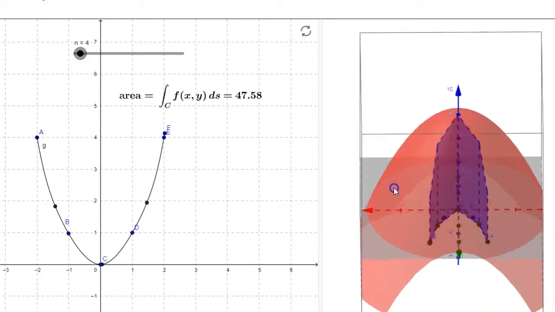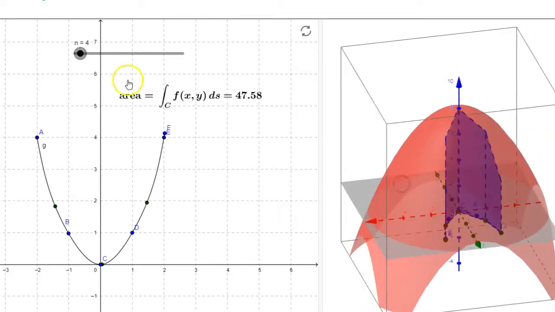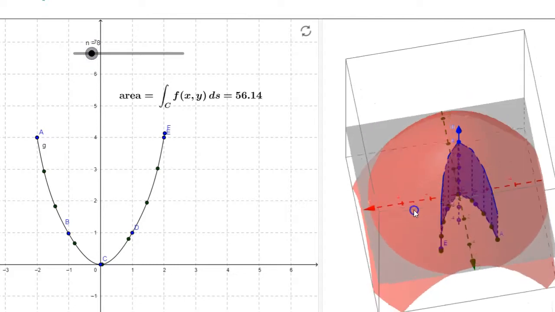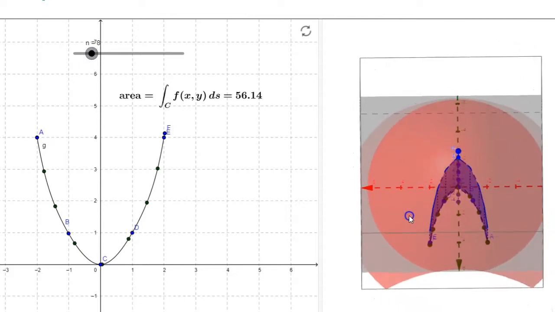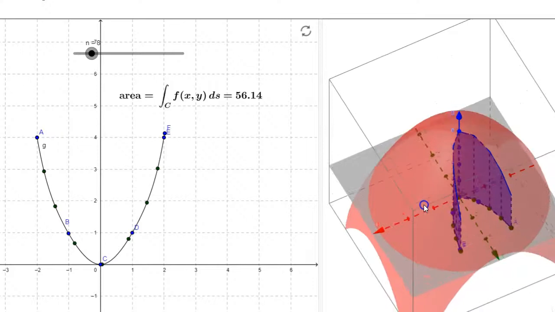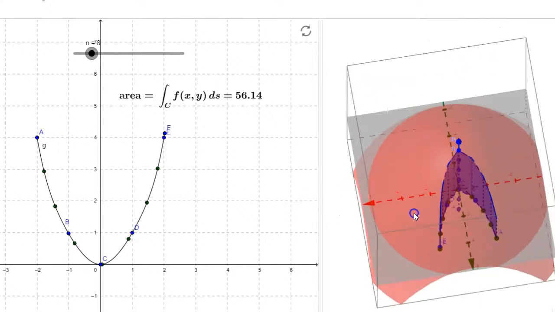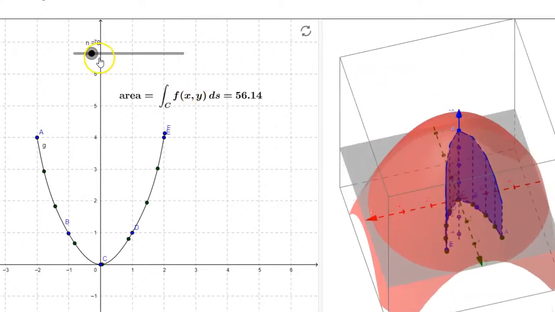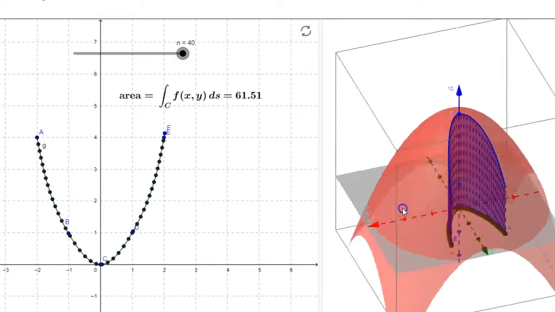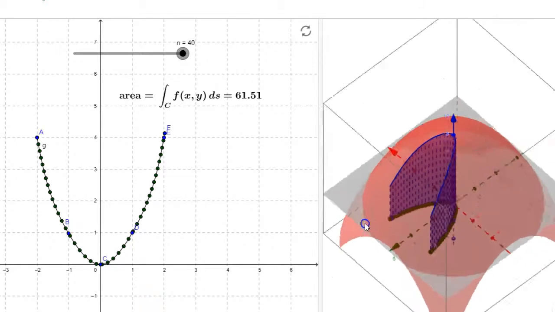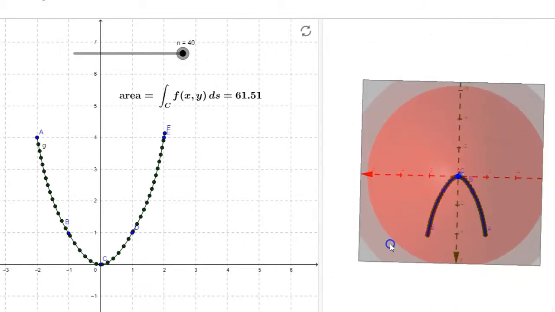And just like with Calculus 1, what happens? We make more and more and more of these things, and we're able to mimic the path better. We're not skipping over points along the path, and we get a much better approximation until it now basically looks exactly like the path itself.